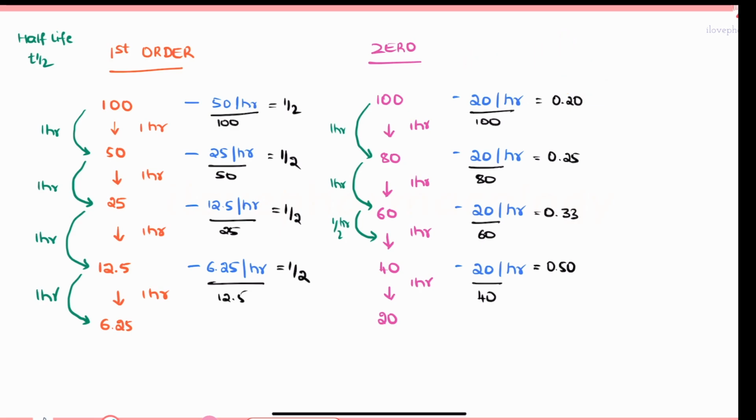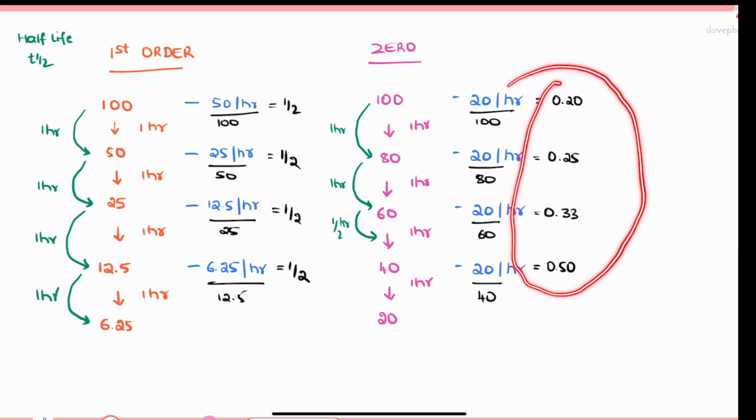So whenever you increase the dose, if you administer 100 molecules, and again in the next hour you administer 100 molecules also, the clearance will be 0.20 only. So that means the clearance is inversely proportional to the plasma concentration.